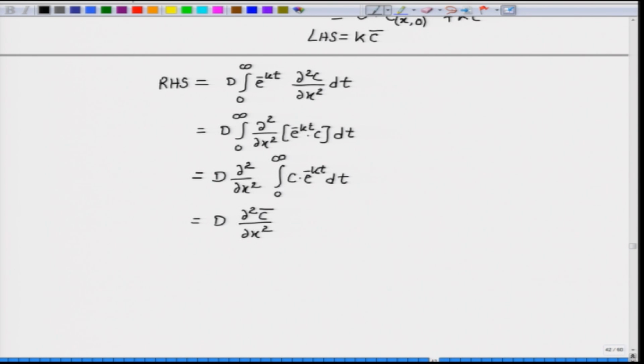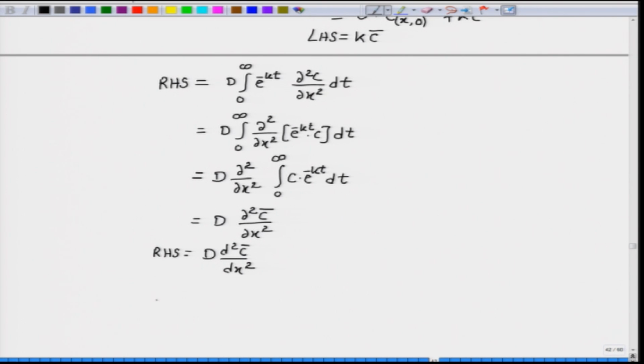Now, we know this Laplace transform is the integral with respect to t, and this is a definite integral. So, this is independent of t, right. So, c bar is not a function of t now. So, we can replace this partial differential with ordinary differential. So, we can write RHS is equal to d times d2 c bar by dx2.